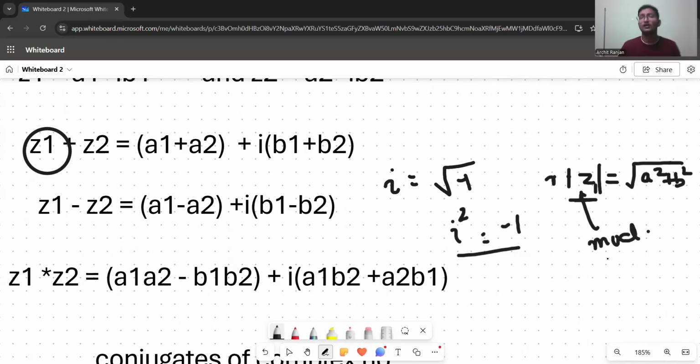So while we take the modulus, it is important that there exists a triangle inequality, which basically states that the modulus of z1 plus z2 is basically less than or equal to the modulus of z1 plus the modulus of z2.